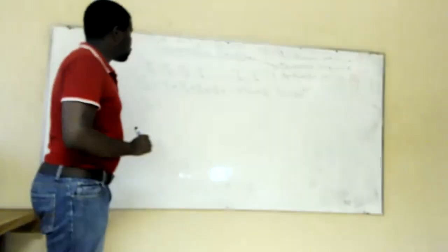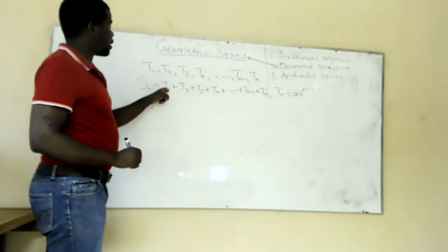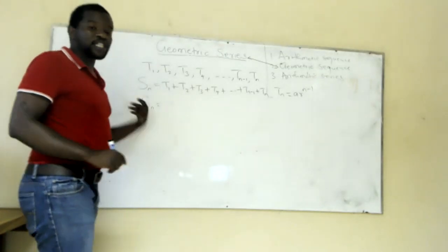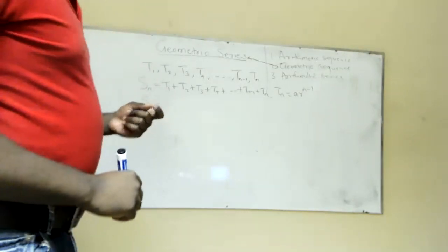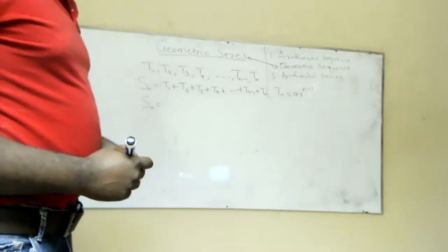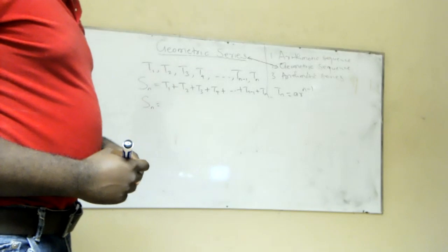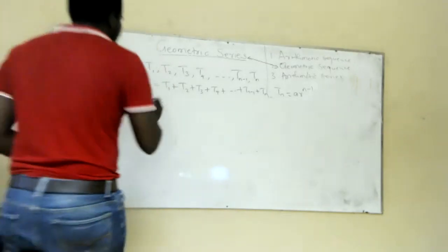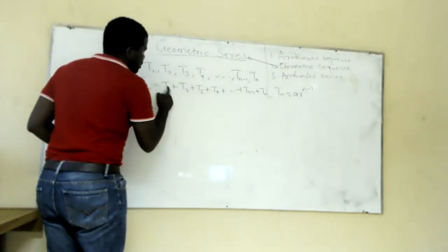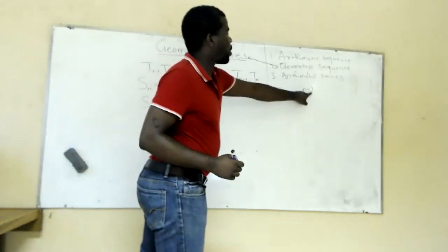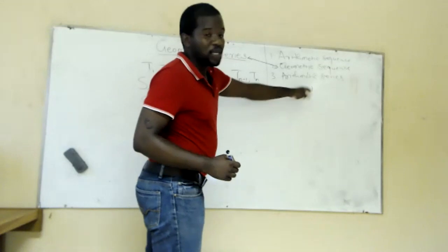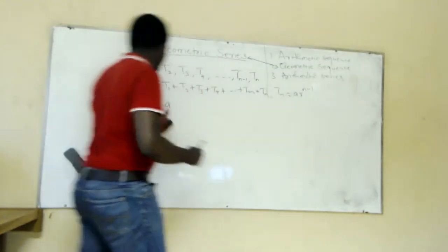Can any one of you tell me what T sub 1 could be? Won't it be a? It's going to be a, definitely. Where we have T1, we're going to replace it by a, because when we substitute 1 here, it's 1 minus 1, which is 0. Any number to the power 0 is 1. 1 times a gives a.